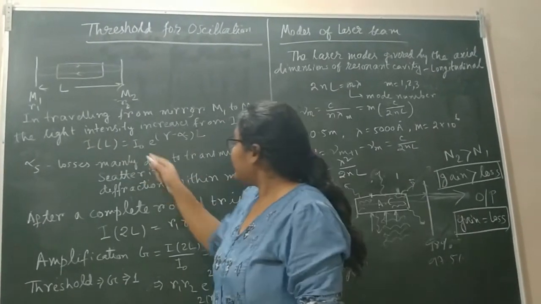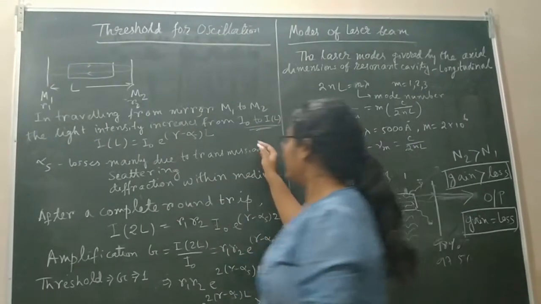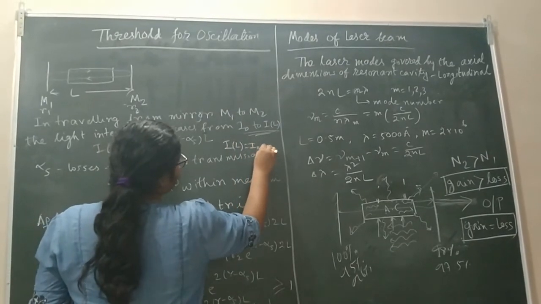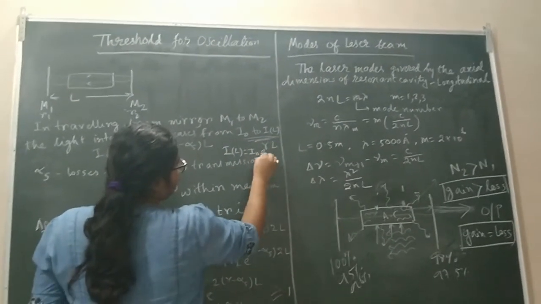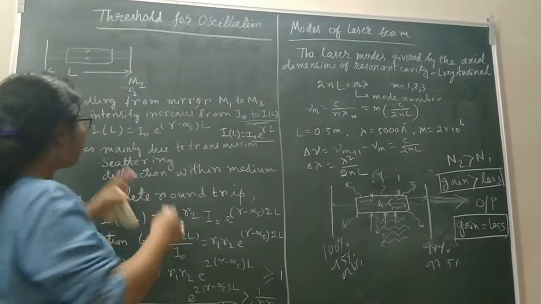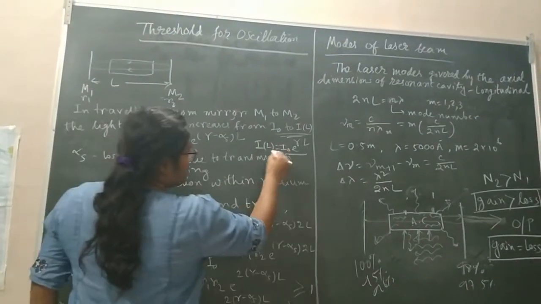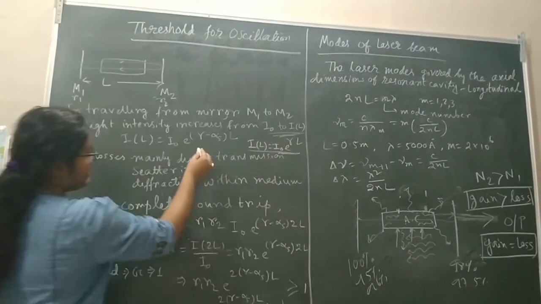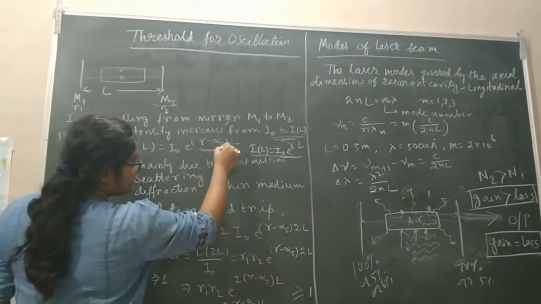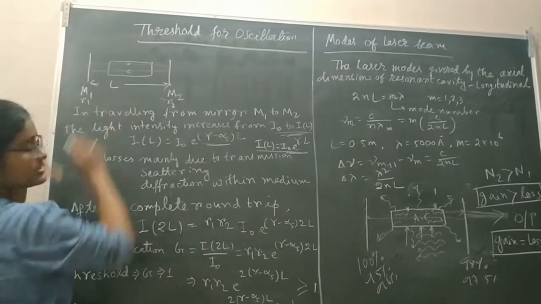If there is no loss, then IL should be I0 times e to the power gamma L, where gamma is the gain of the light in this active medium. Now this factor will be modified and become gamma minus alpha s, times L, due to the losses inside the active medium or the system.